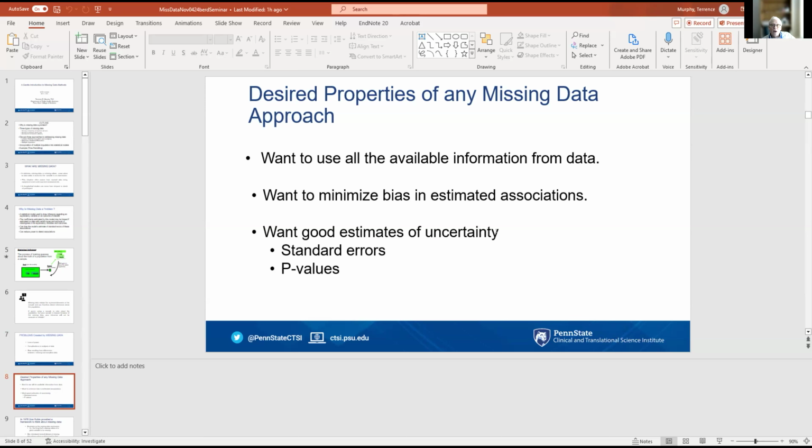Again, I'm talking about the associations of some explanatory variable with an outcome in an analytic or statistical model. We would also want good estimates of uncertainty, such as the standard errors of those estimated associations and statistics that we construct from them, from which we calculate p-values.